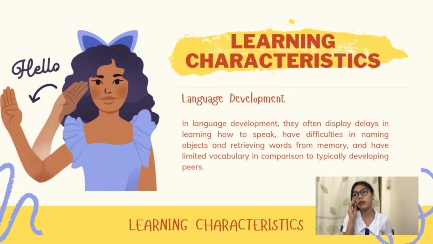If we recall our lesson in science on the human brain anatomy, our left hemisphere is responsible for language and speech, and our right hemisphere plays a large part in interpreting visual information and spatial processing. So if these are damaged, in most cases you will really have difficulty in learning. It will really have a complication.